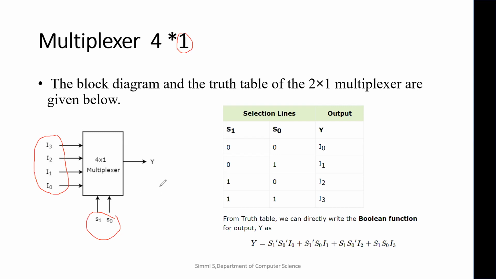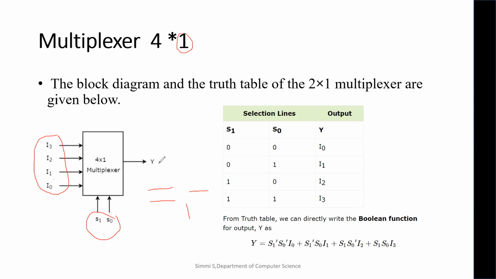If it is a 2 by 1 multiplexer, we have 2 inputs, 1 output, and 1 selection line. In the case of the 4 by 1 multiplexer, we have the inputs I0, I1, I2 and I3, our selection lines are S1 and S0, and the output is Y.